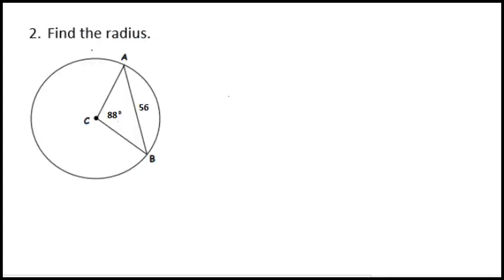Let's go to number 2. Find the radius from this diagram. Let's label the radius as r. So I will let CA equal r. Define the variable. So we have an isosceles triangle ABC. The angle A and the angle B will be equal to each other.